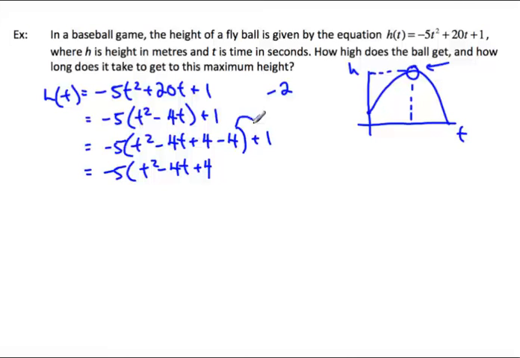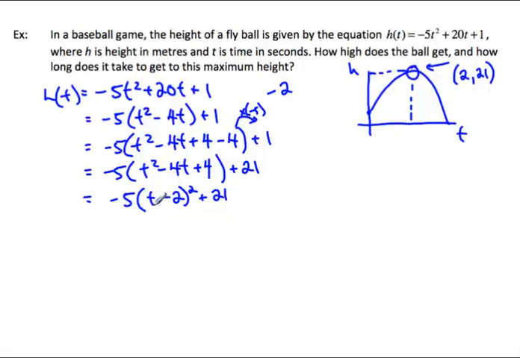Then we're going to kick that -4 out of the brackets. To do that, we have to multiply by -5, so it becomes plus 20, and then add the 1, and we get plus 21. Now we're left with a perfect square trinomial inside the brackets, and that factors to (t minus 2) all squared. Our -2 has come back, plus 21. That means that this vertex is at the point (2, 21).